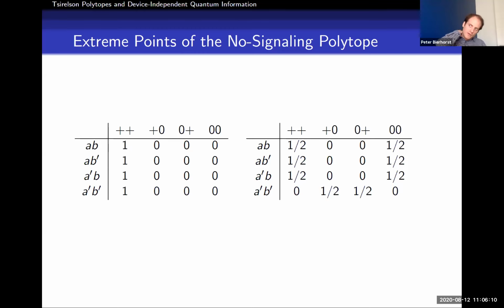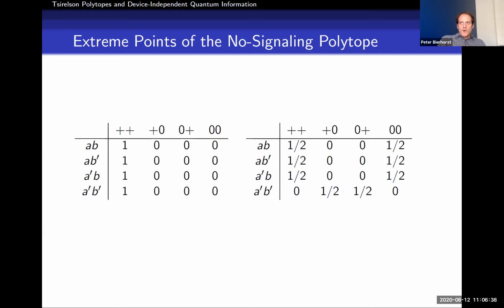They obey those conditions. And the polytope, the polygon of these no signaling behaviors has 24 extreme points. These are 2 examples of it. And so if you take those 24 extreme points, then by mixing various weights of those 24 extreme points, you can obtain any quantum achievable distribution.